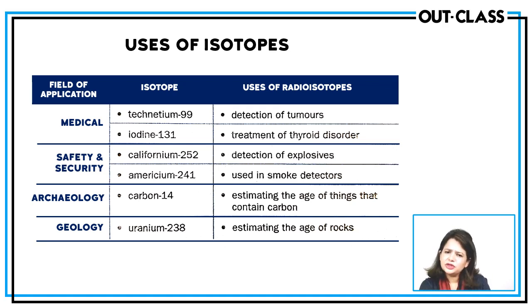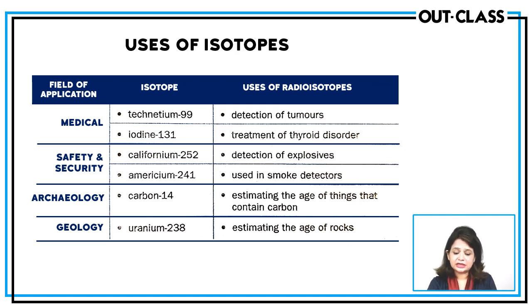Right, then comes the uses of isotopes. This is a table given here. You don't have to go into detail, just remember कि जो radioactive isotopes होते हैं, the isotopes which give out radiation, are used, for example, because these can be detected due to their radiations.